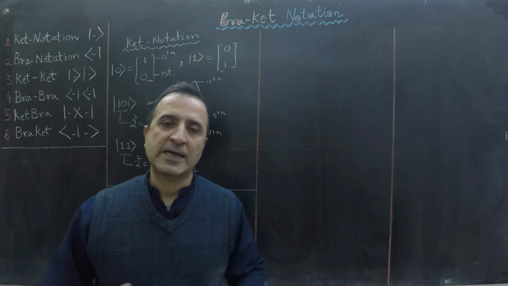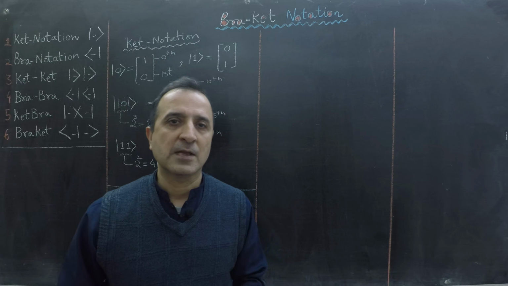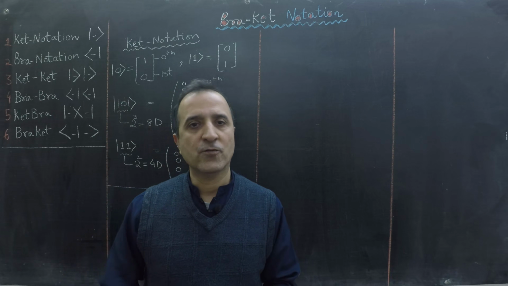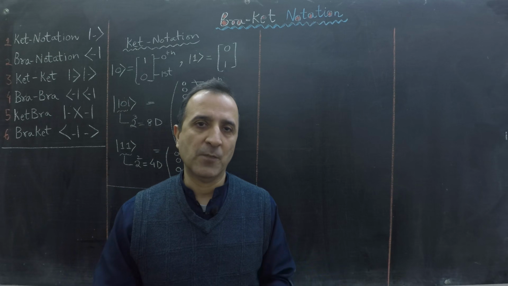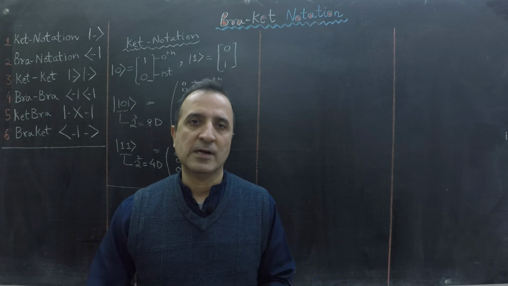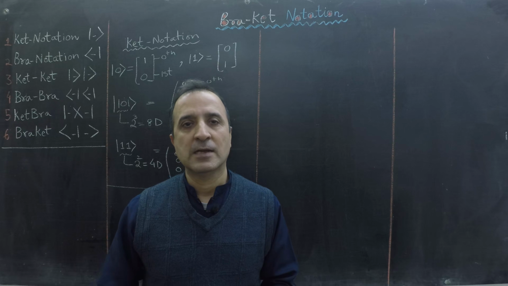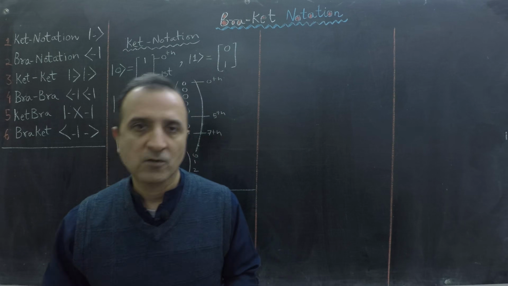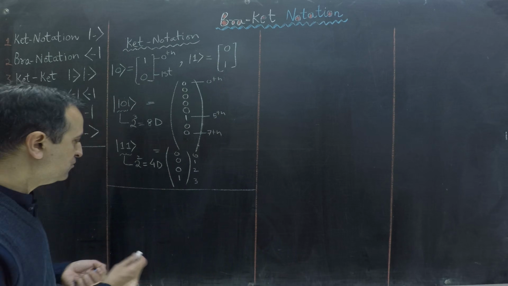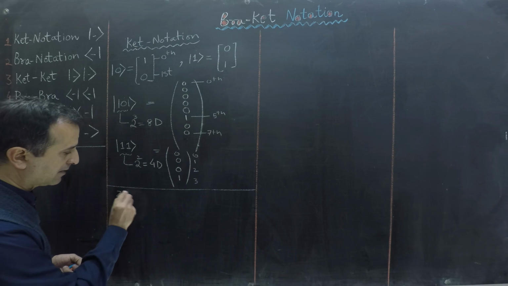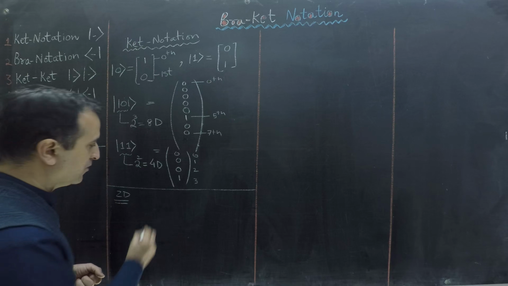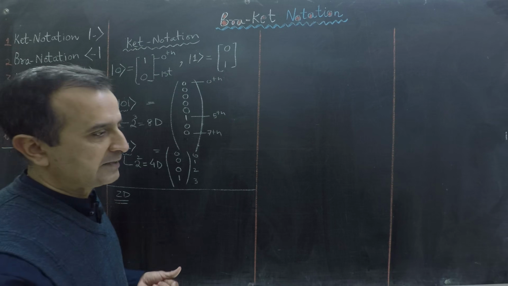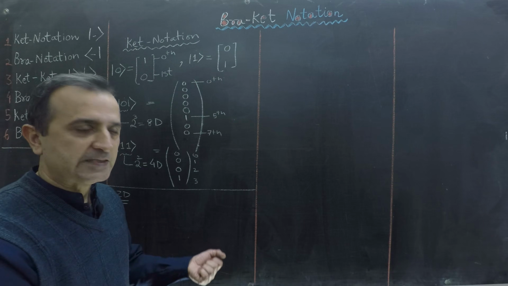Now we can express any column vector in 2-dimensional, in 4-dimensional, and in 8-dimension, in the power of 2 dimension using Ket notation. Let's see how we can do that. First of all, let's do that in 2 dimension. So we know from the linear algebra that there was a standard basis.